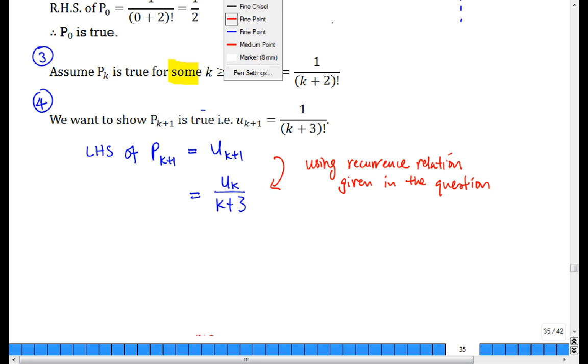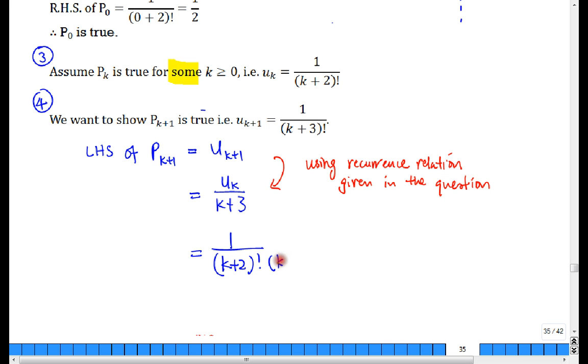Then we say, oh okay, this is 1 over k plus 2 factorial times k plus 3. This line is using step number 3, using the assumption.